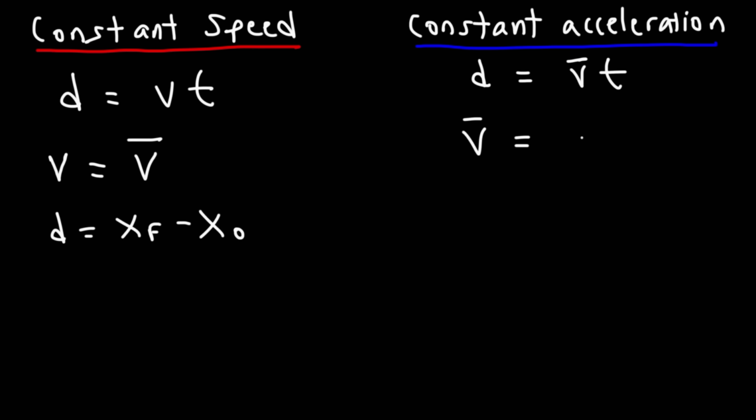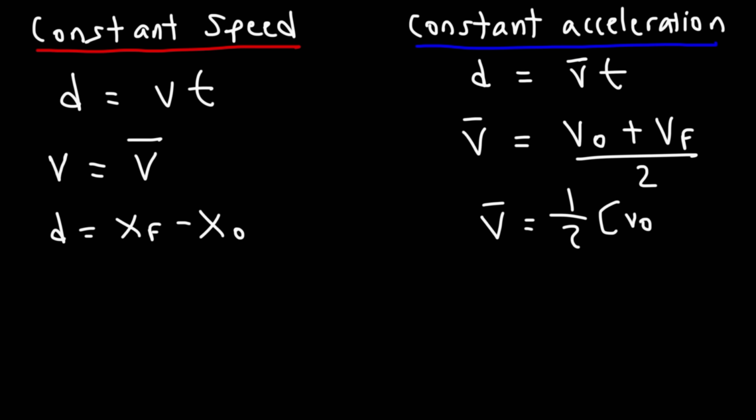Now average velocity is the average of the initial velocity and the final velocity. So it's basically the sum of the initial and the final velocity divided by 2. Or you can write it this way: 1/2 (V initial plus V final).